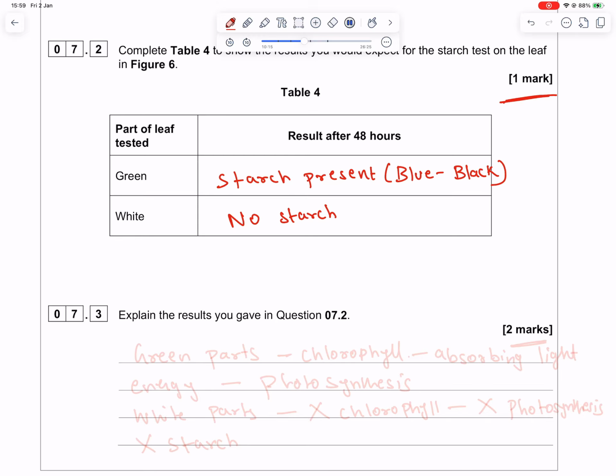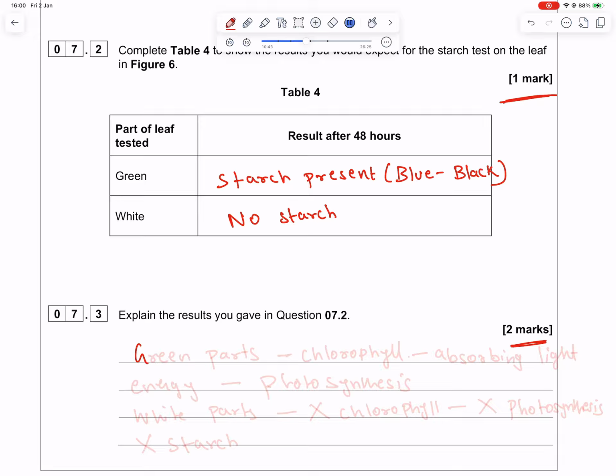Now moving on to 7.3, it is a 2 marker, so the maximum is 3 sentences or a minimum of 2 sentences or 2 points explaining the concept. Explain the results you gave in question 7.2. Now remember, chlorophyll absorbs light energy for photosynthesis.